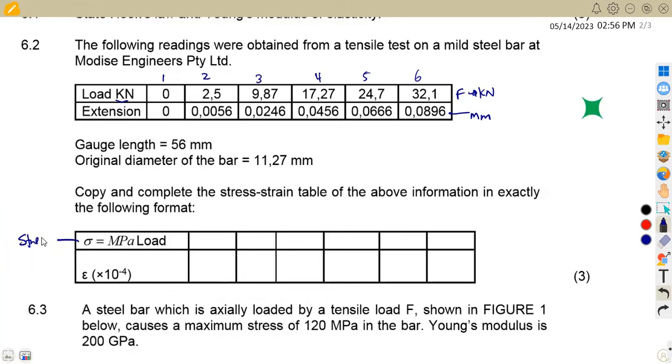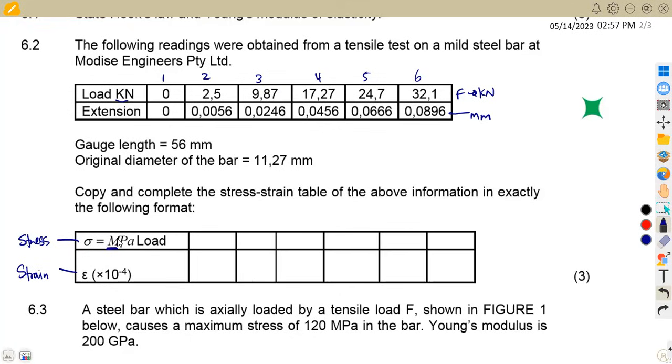We are given the stress and the strain. The stress is measured in megapascals, that is our load, and the strain answers are supposed to be times 10 to the power of minus 4, like that. Okay, so that is what you're going to have in this case.